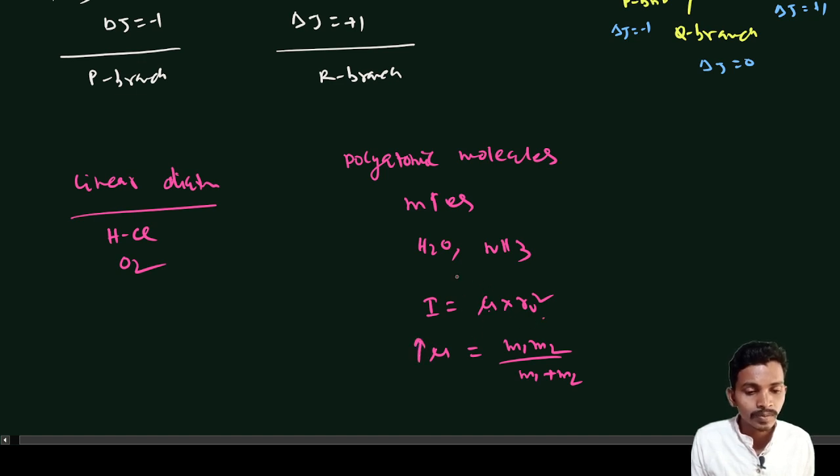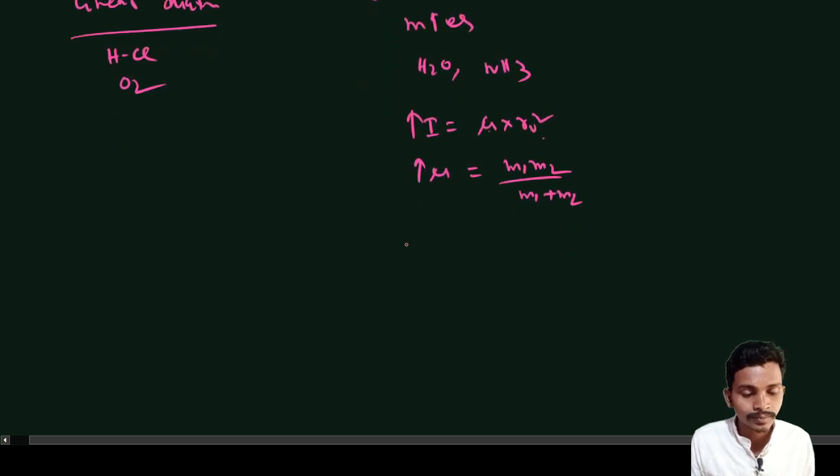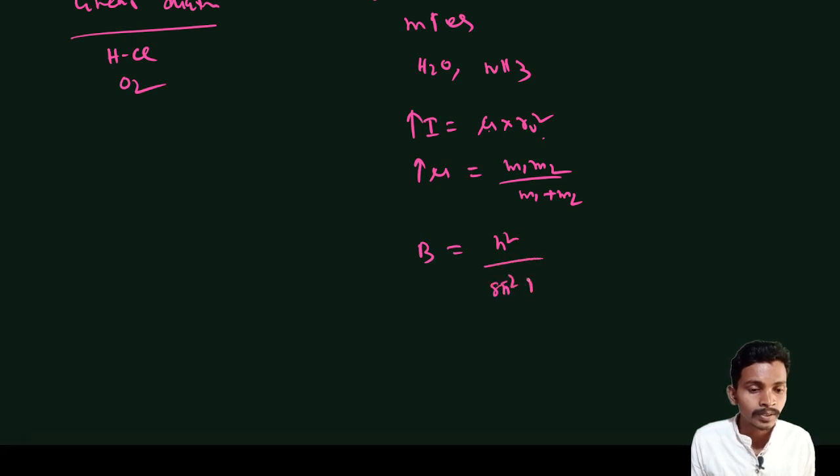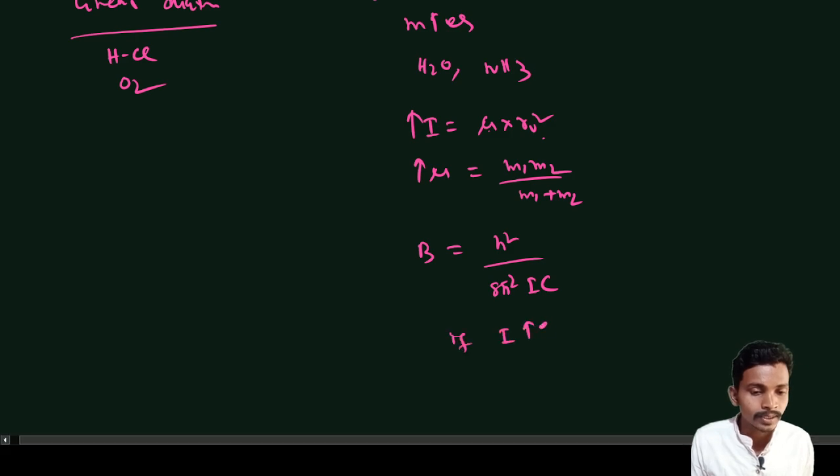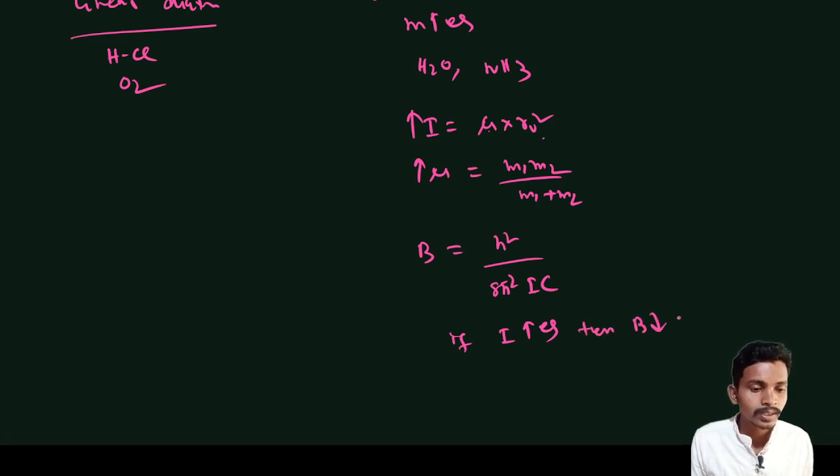If the reduced mass increases, then I increases. We know that B is equal to h square on 8 pi square I C, so if I increases, then B should decrease, obviously, because B is inversely proportional to I.